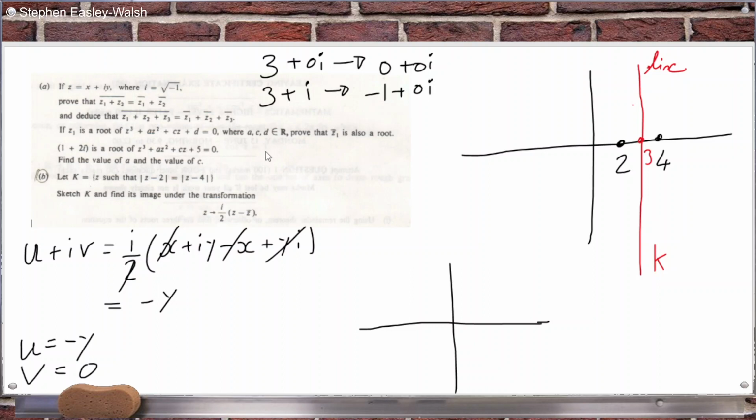What about if I took 3 minus i? The u, okay, so that's 1 and then plus 0i. So it just looks like it becomes the real axis.